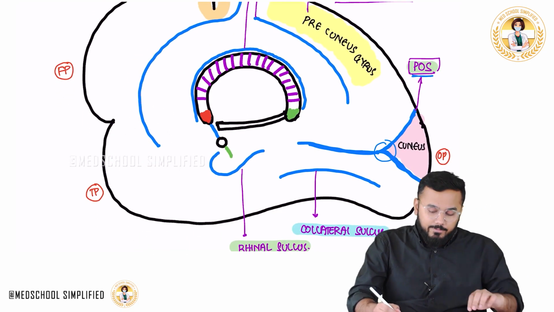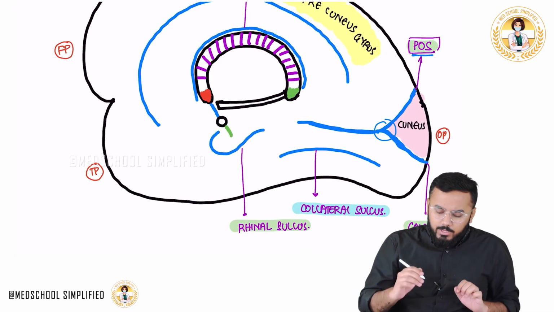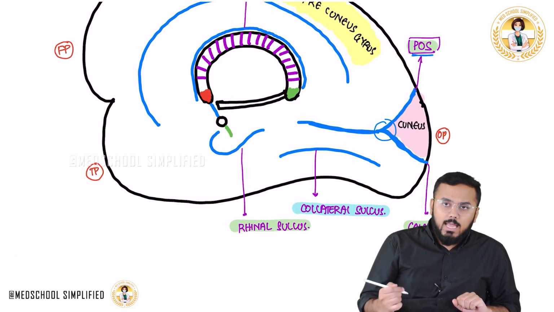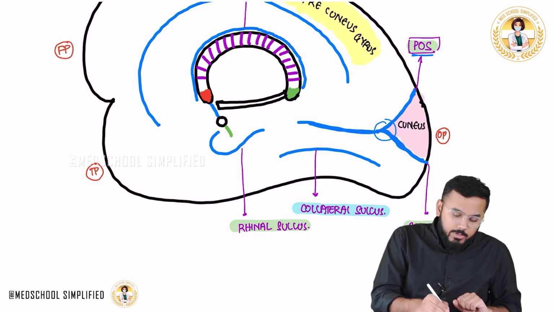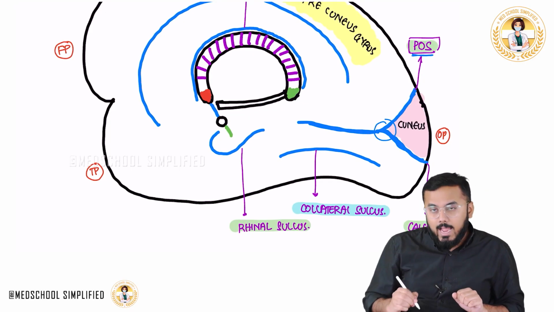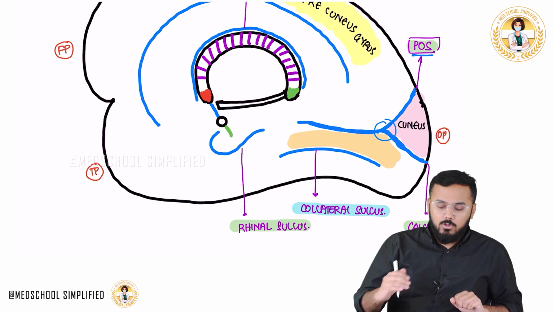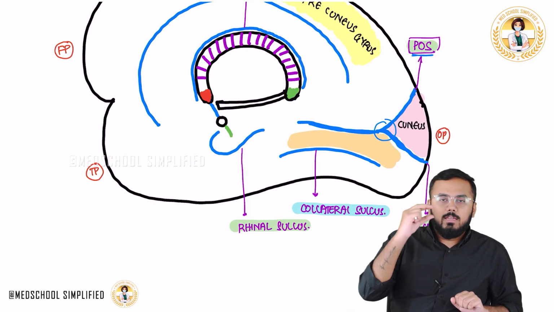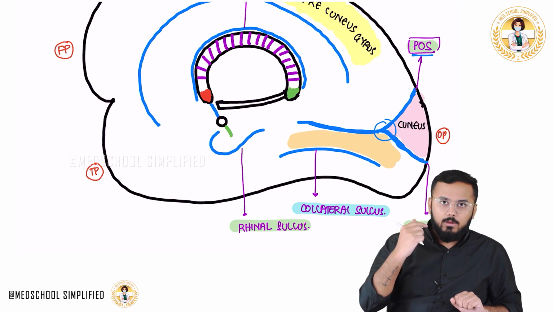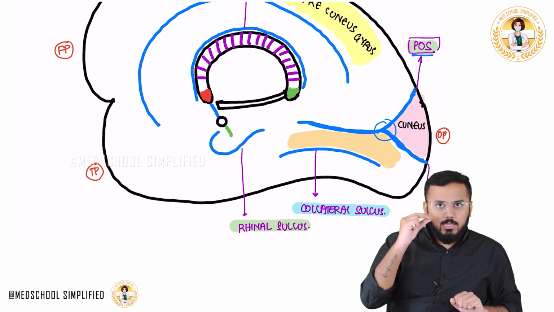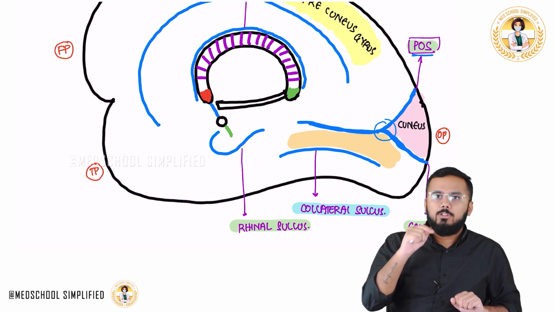Next important thing: between the calcarine sulcus and the collateral sulcus, let me draw it, this gyrus is in the form of a tongue. Yes or no? A tongue is depressed from above downwards, and it is elongated anterior-posteriorly, right?